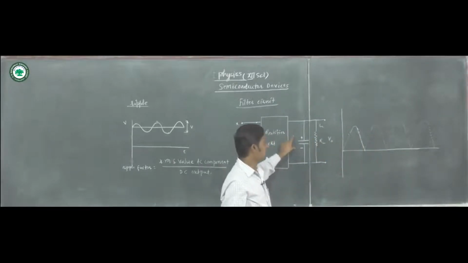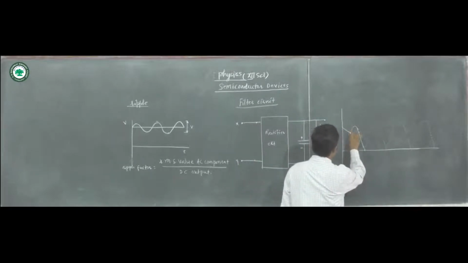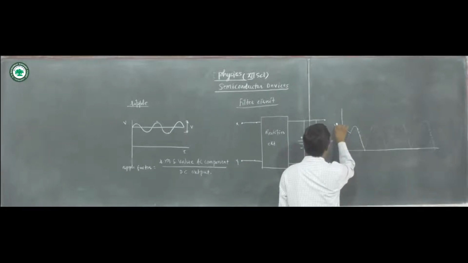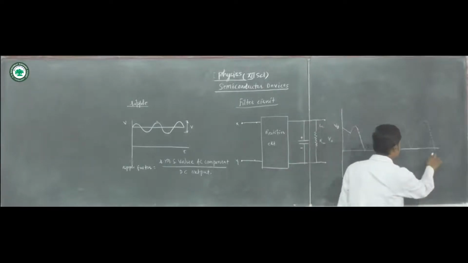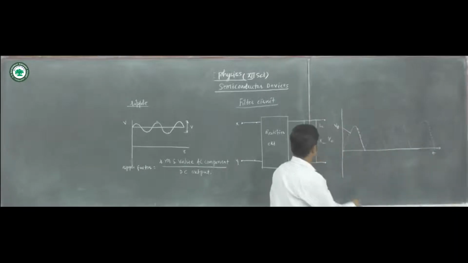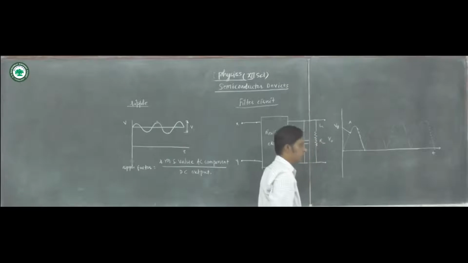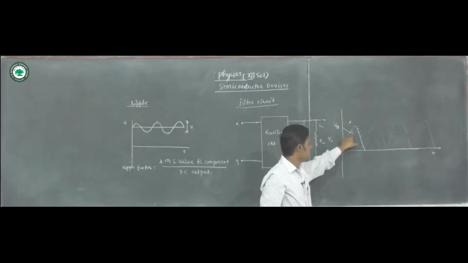After applying this capacitor, what happens? It charges. This is the output V0 if we plot the graph against the time. This capacitor charges to the point A up to the quarter of this cycle.